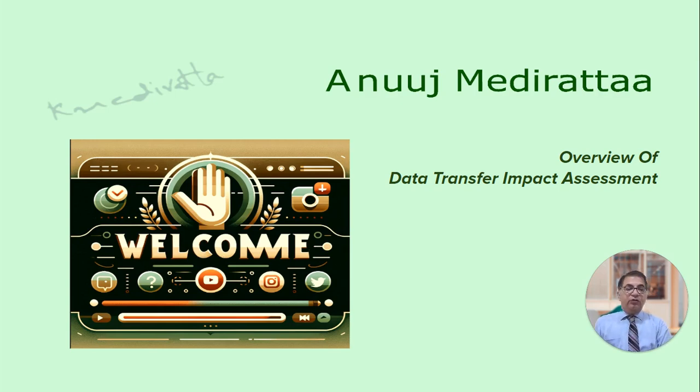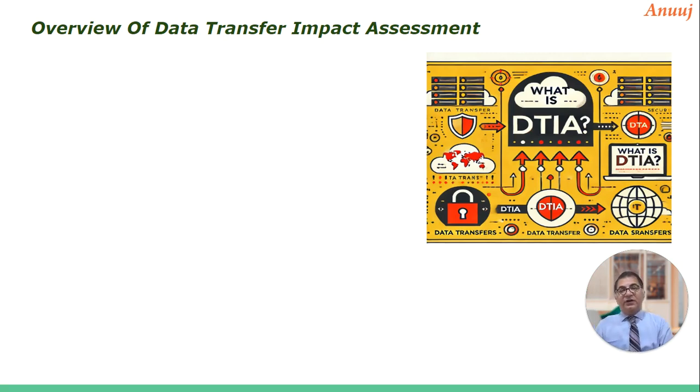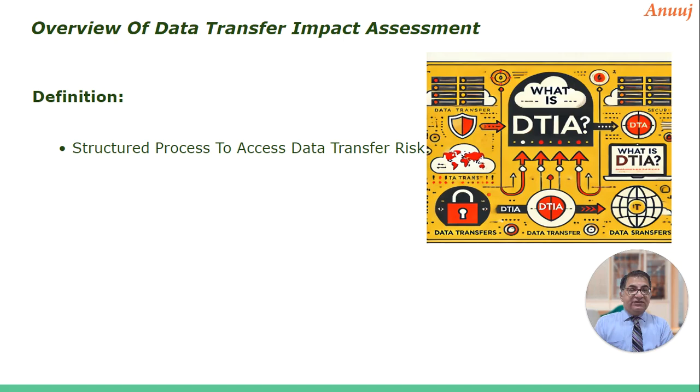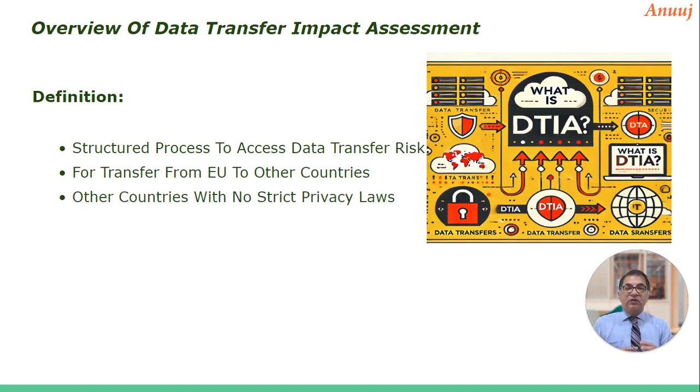So as I mentioned, we are going to talk about the impact of data transfer from Europe to outside country. So how do we really define this data transfer impact assessment? It's a structured process of how data would be transferred from a European country to non-European countries which are not very good at taking care of the safety of the personal information of their citizens.